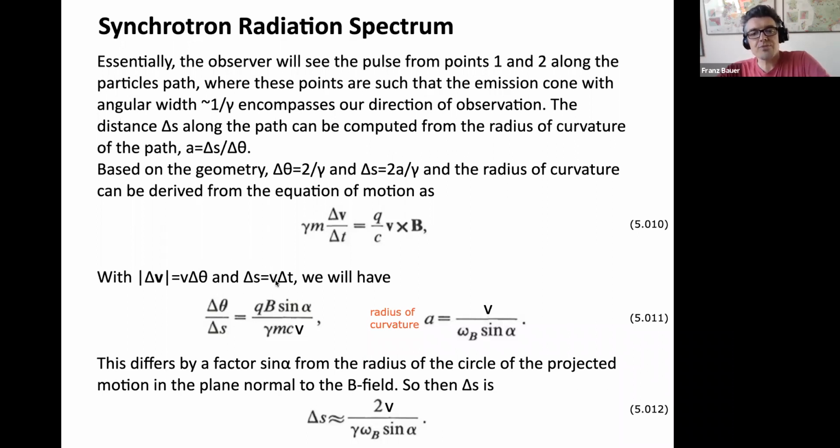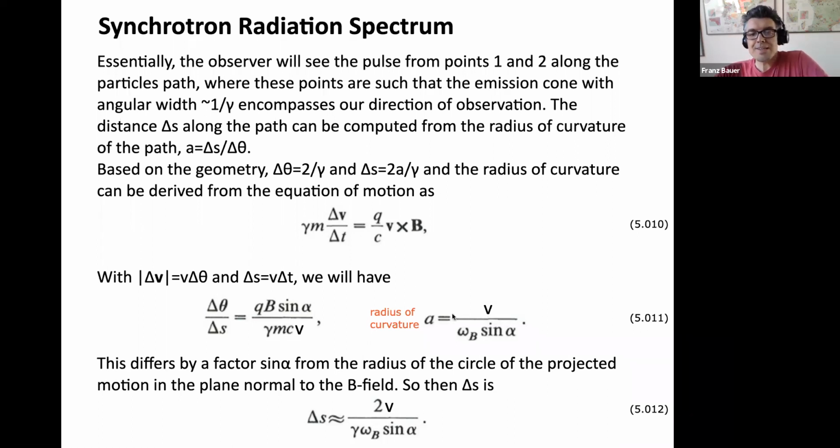Delta S will be related to V times delta T. Equating this and plugging in our different values for the constant V, the change in angle, and delta S for delta T, we end up with this change in angle as a function of this, which is also the radius of curvature, roughly equal to this, where we've now incorporated the pitch angle, and this V ends up going on the bottom because there were a couple of extra V's here.